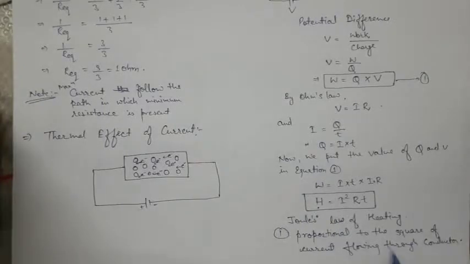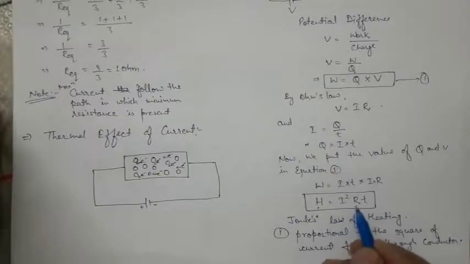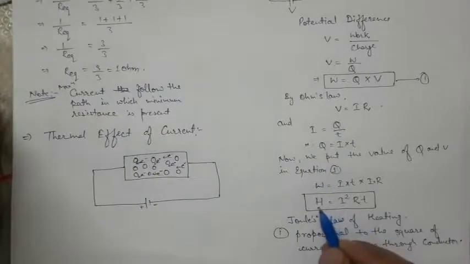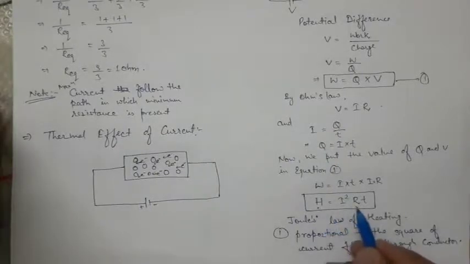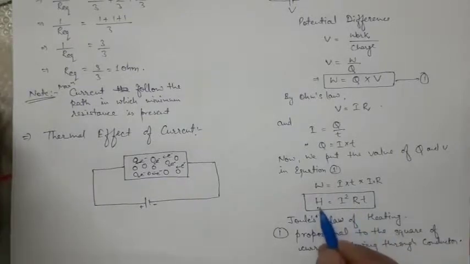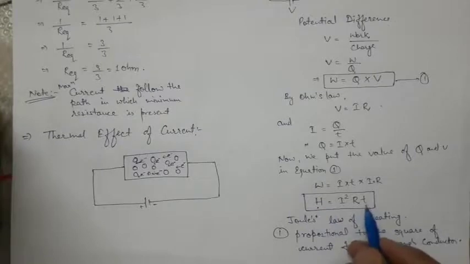It is the first statement. The second statement is similar: the generated heat is directly proportional to the resistance R. And the third statement is that the generated heat is proportional to the flowing time of the current.